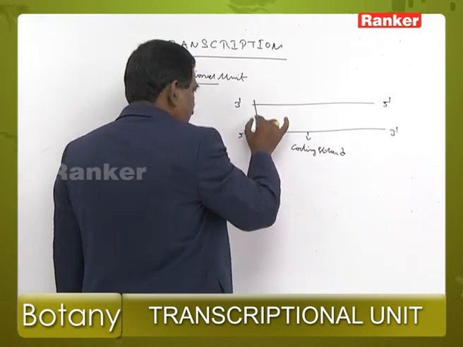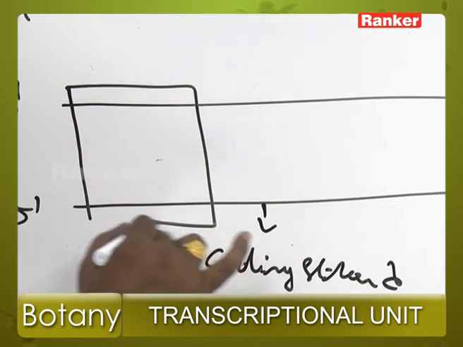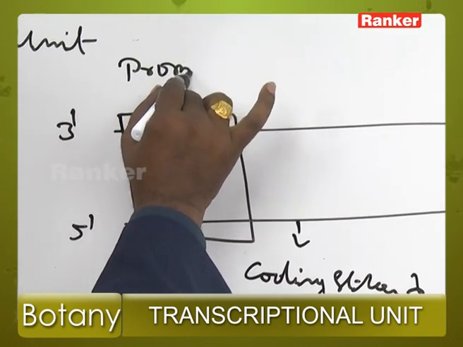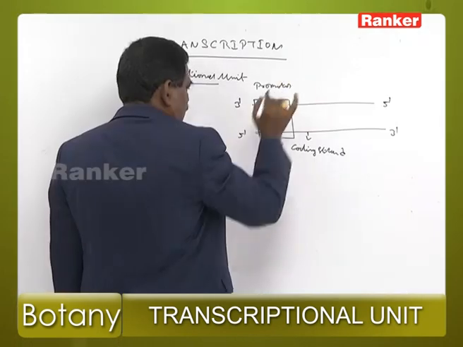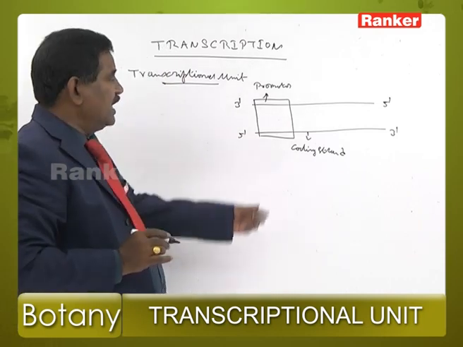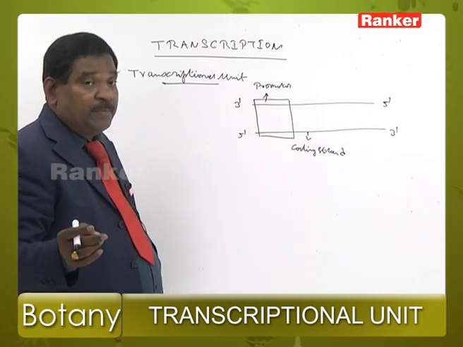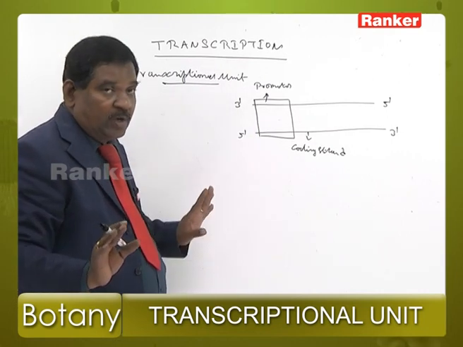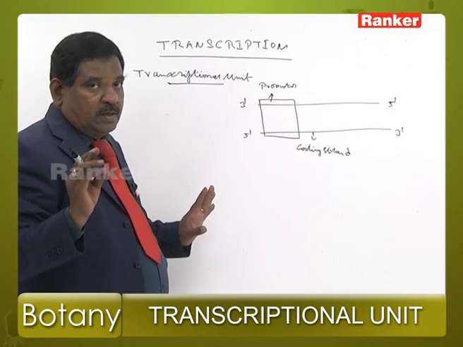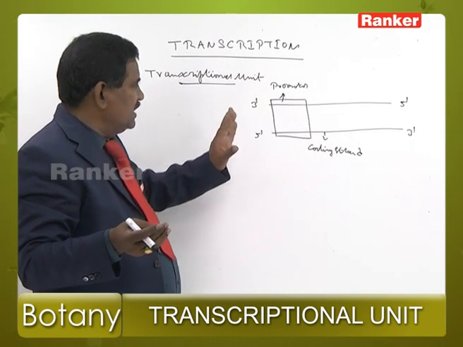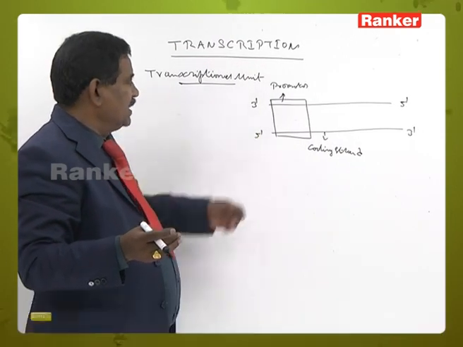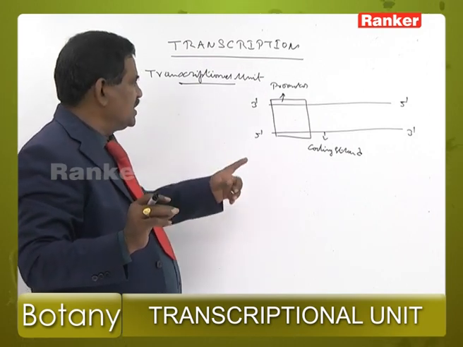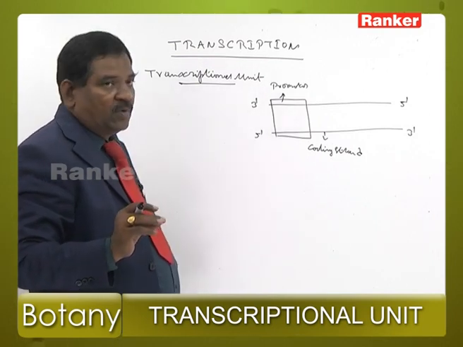Promoter is present at the 5' end of the coding strand. We are taking the coding strand as reference to propose the positions of the different structures. So, promoter position is the 5' end of the coding strand.